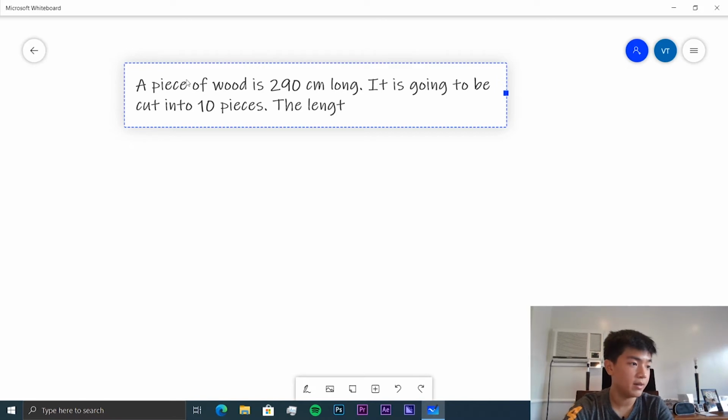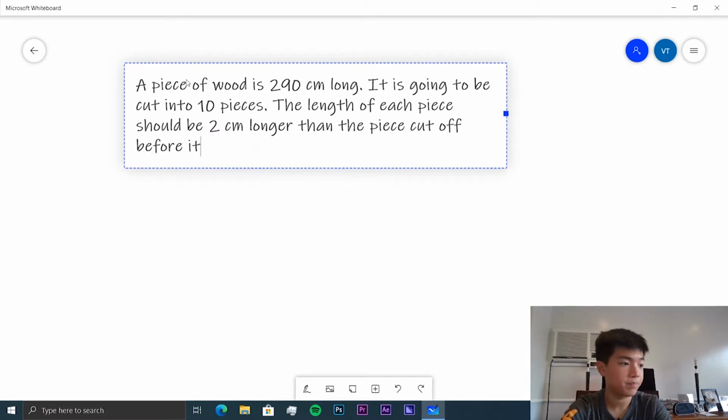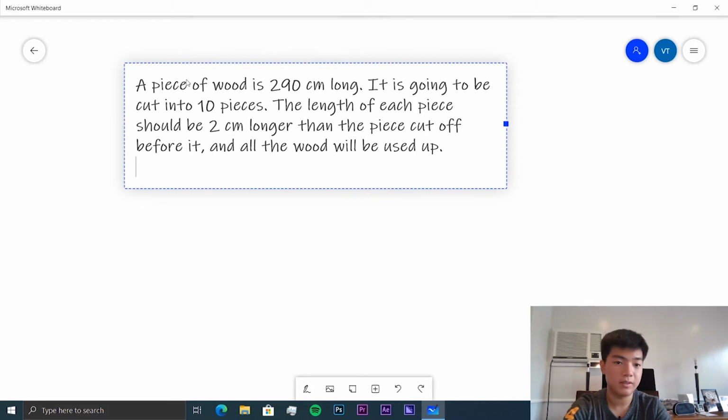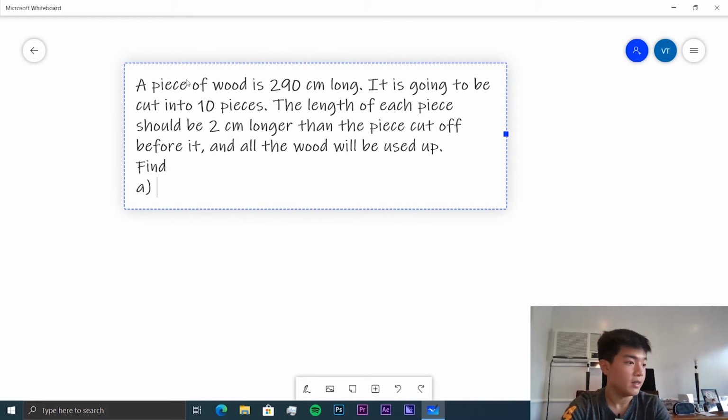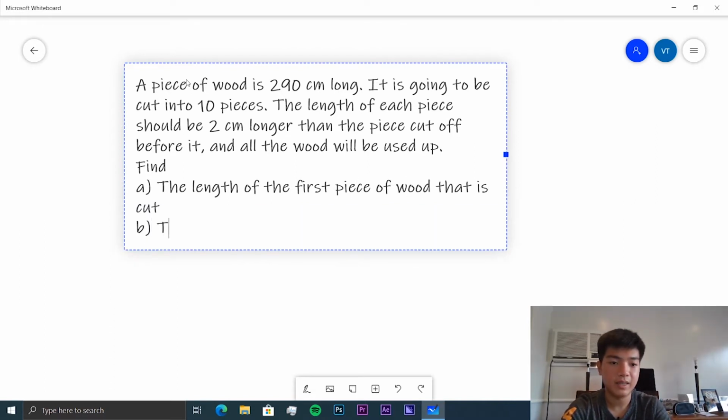The length of each piece should be 2 centimeters longer than the piece cut off before it, and all the wood will be used up. First, we need to find the length of the first piece of wood that is cut, and next the length of the last piece.